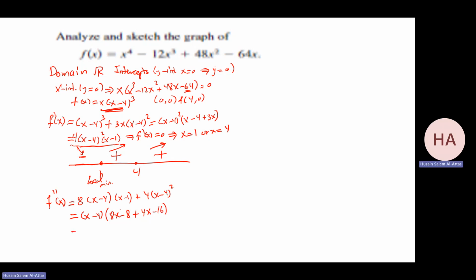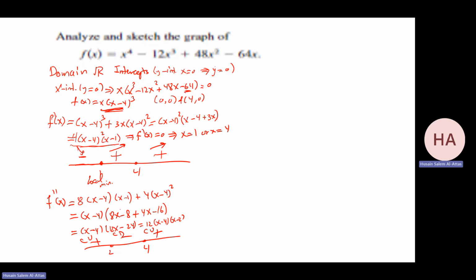Here we have 12x minus 24, in other words, 12 times x minus 4 times x minus 2. So I'll put 2 and 4. That will be positive, negative, positive. So it's concave up, concave down, concave up.